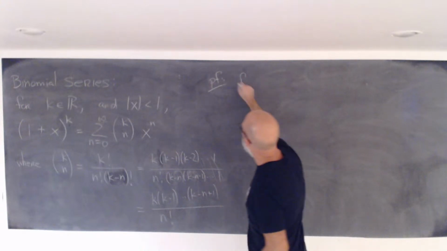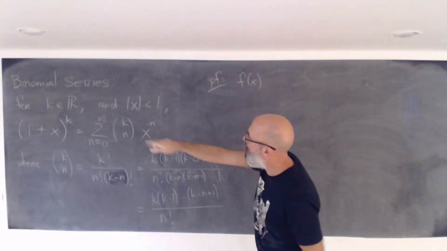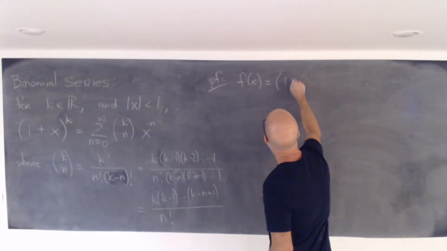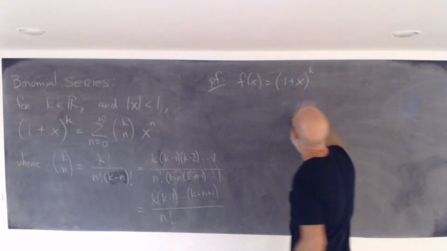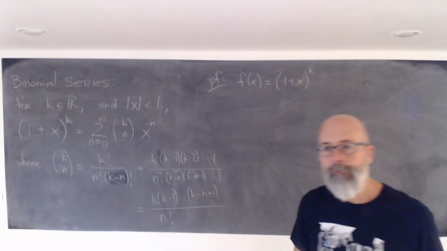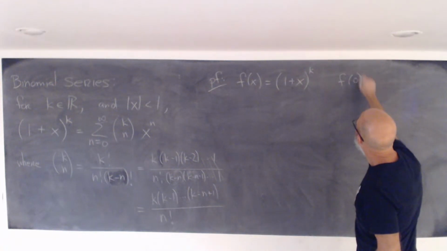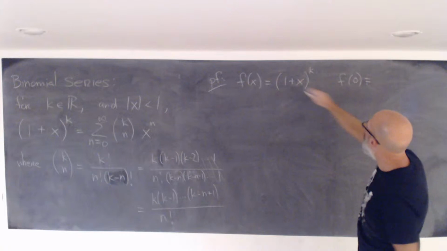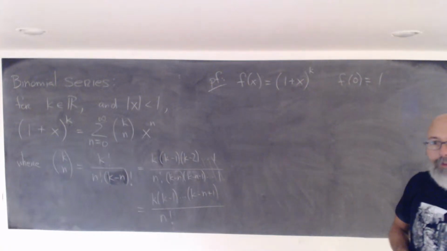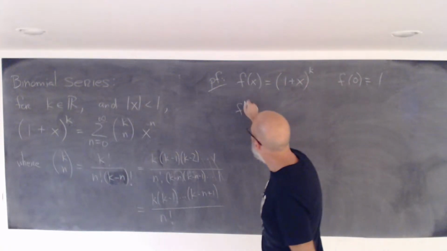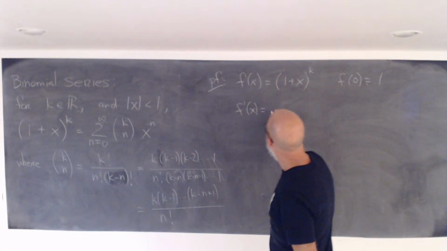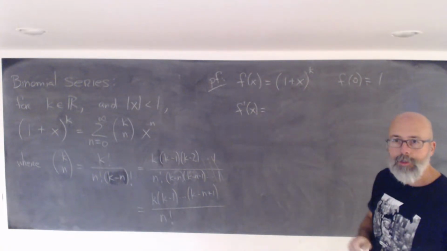Right, what are we doing? We are finding the Maclaurin series for the function 1 plus x to the k. So plug in 0. When x is 0, the whole thing is 1. Differentiate. You know the derivative of this.